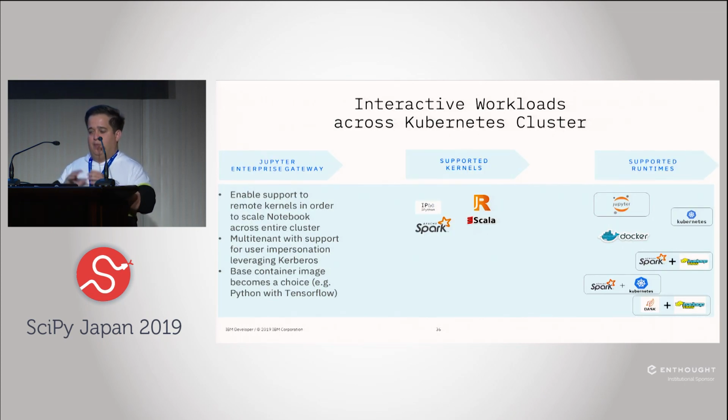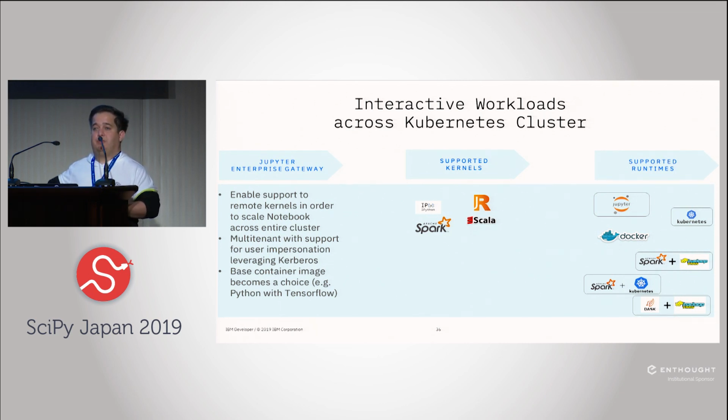Just going back to a quick summary here. Enterprise Gateway will help you scale all your analytics and AI workloads. We'll use all the resources that are available on the cluster for you. We'll enable you, as in Kubernetes, to assign GPUs, etc. It enables multi-tenant support. In the analytics platform, if you have security enabled, we'll do user impersonation.